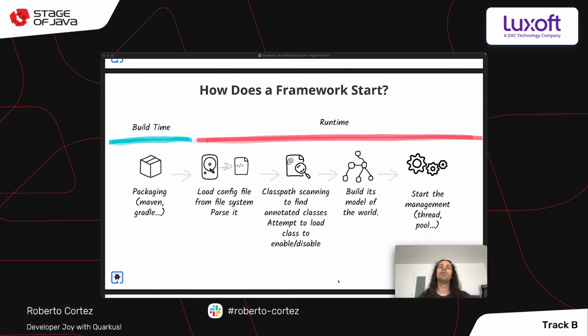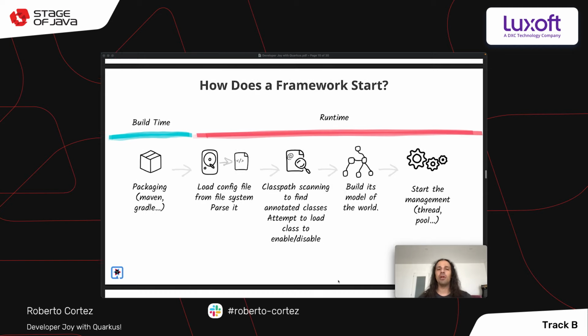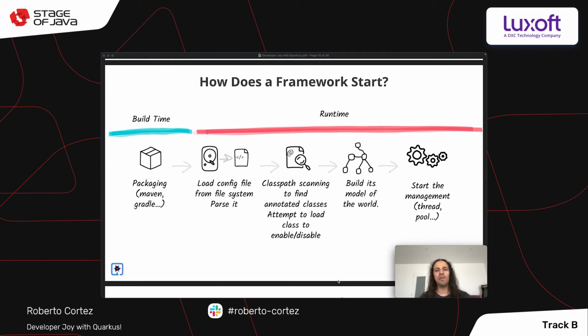To figure that out, you have to think about how a traditional framework or runtime starts, right? So usually what you have is your code, you apply some build process, it can be Maven or Gradle or something else, that generates a jar file or a fat jar or some other kind of binary, it doesn't really matter. And after that, you pick that output and hand it over to the runtime.